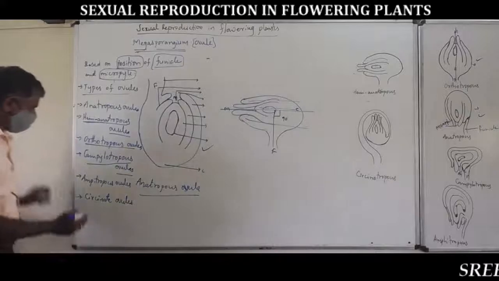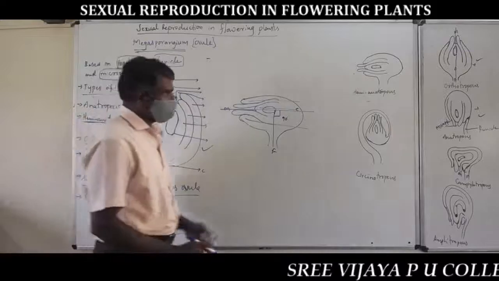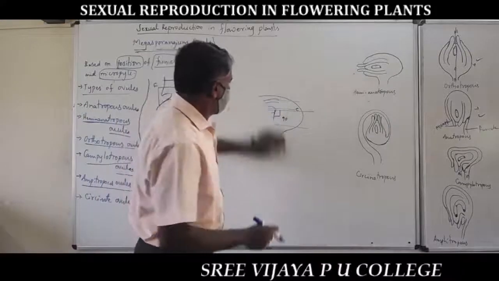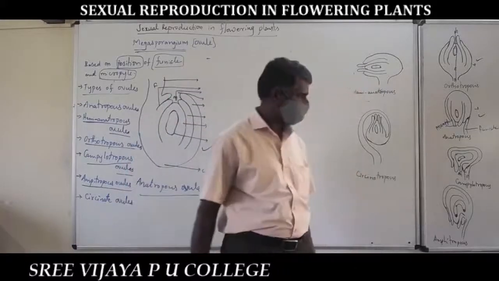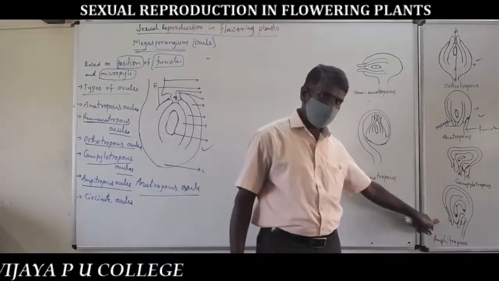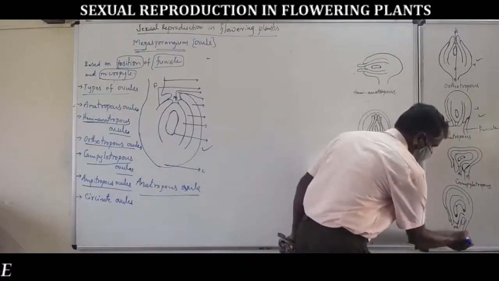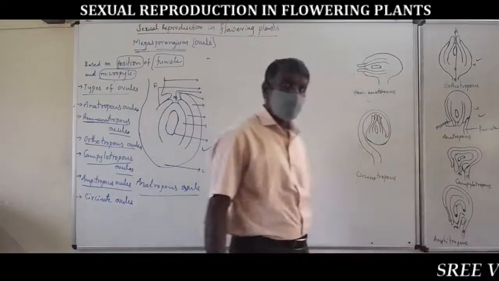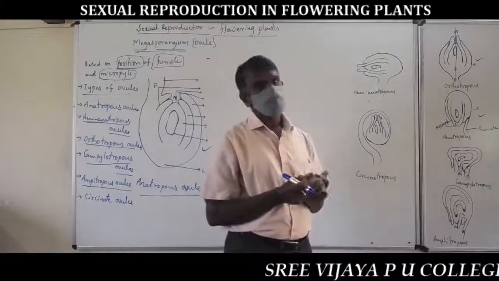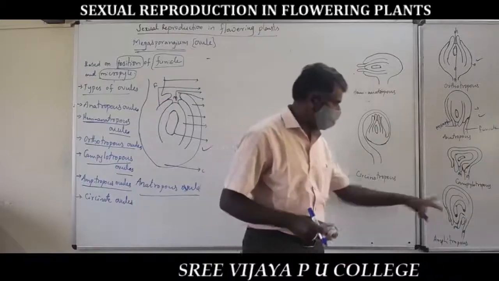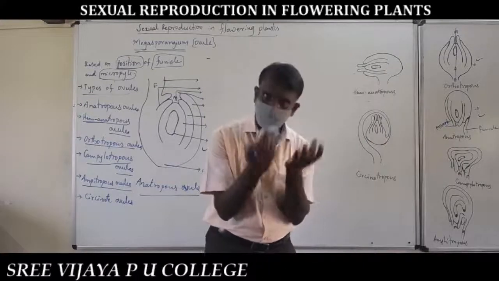Another one is the amphitropous ovule. Here you observe the campylotropous ovule and the amphitropous ovule. In the amphitropous ovule, the micropyle is very near to the funicle, but the body of the ovule is very curved, like a half-moon shape.